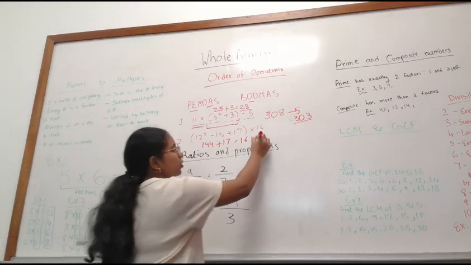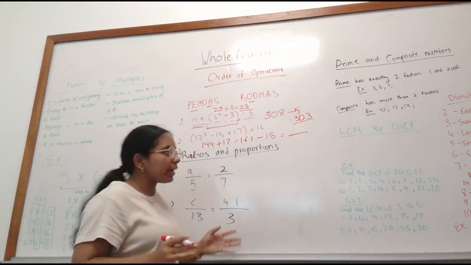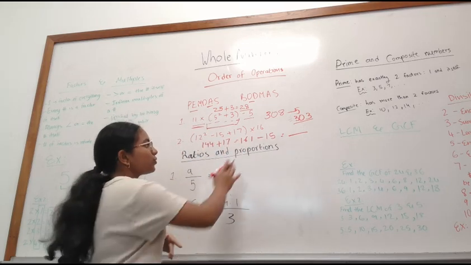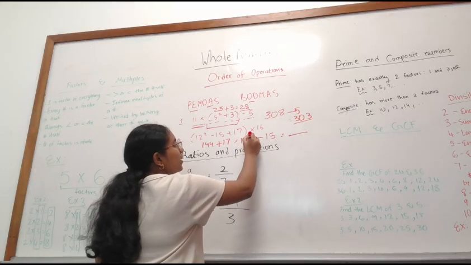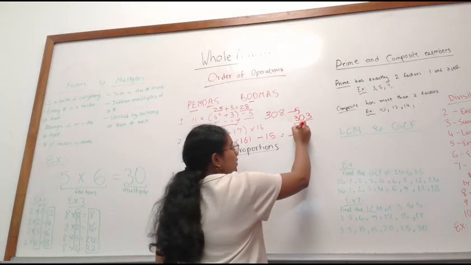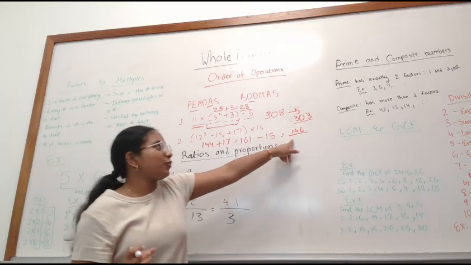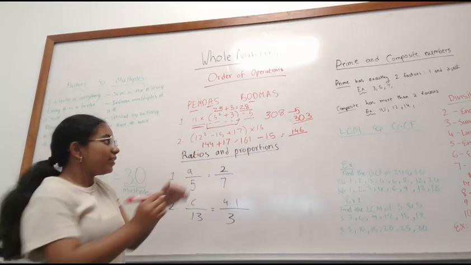And then you subtract 50. And the answer you get, whatever answer you get, you just multiply it by 16. Remember, it's 146. Oh, the final answer is 146. And then you get 146 as your answer after doing everything in the bracket.